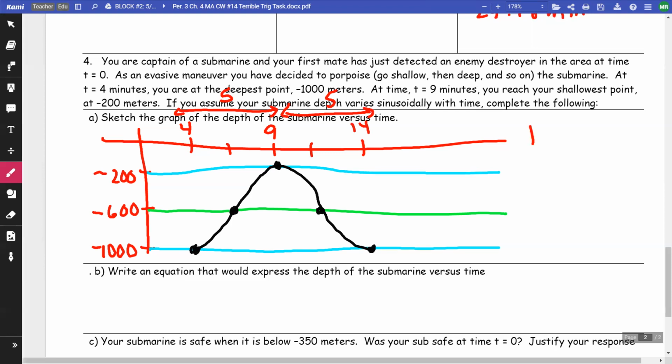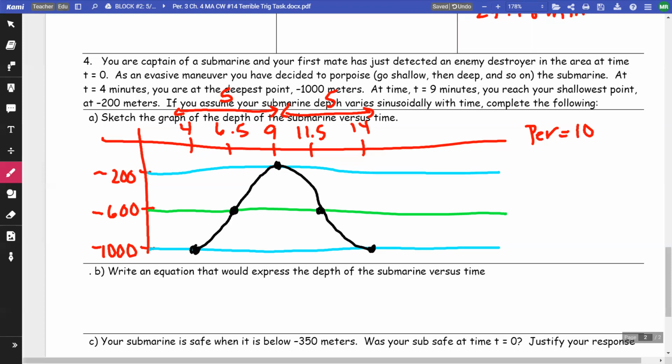So my period is going to be 10. Halfway in between 4 and 9, average them. 13 divided by 2 is 6.5. 9 and 14 makes 23. And half of 23 is 11.5. And so that's our graph.